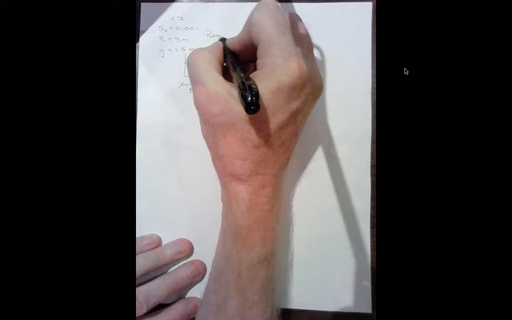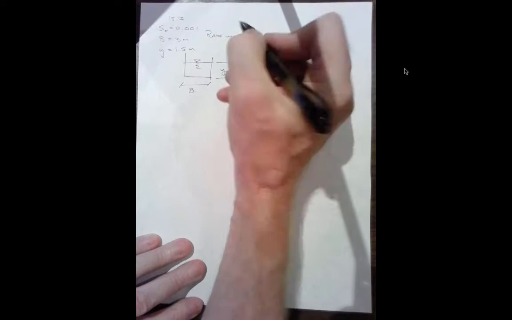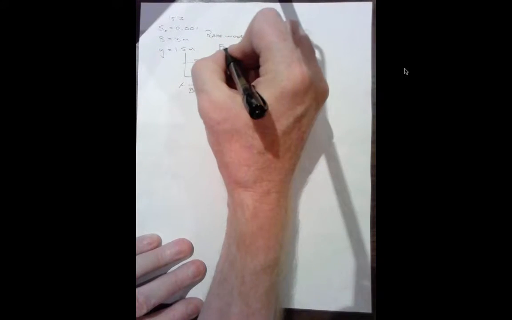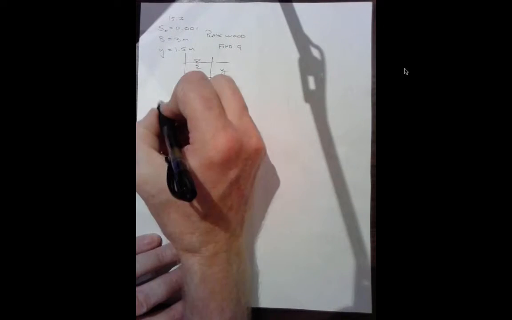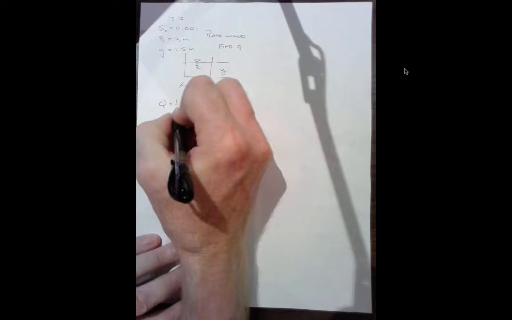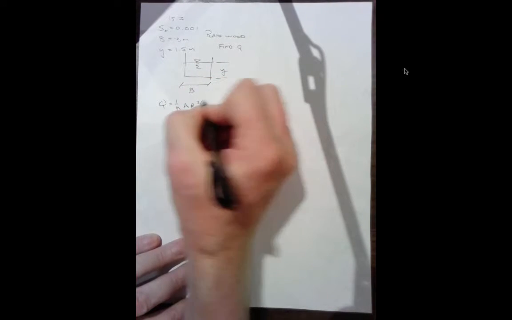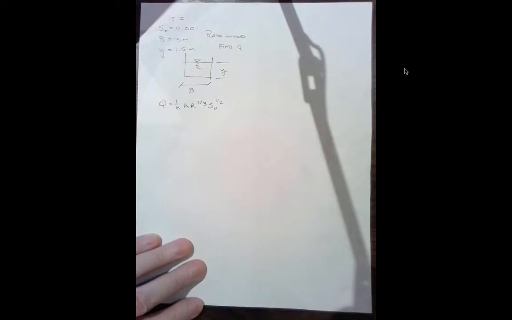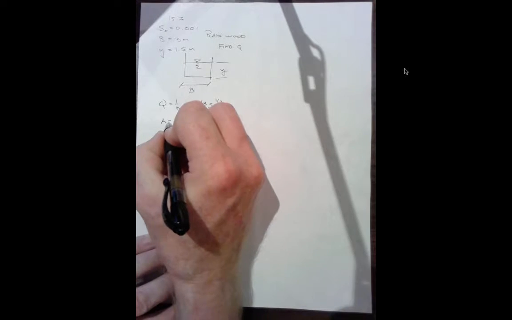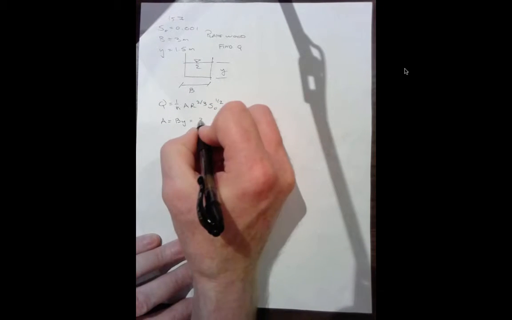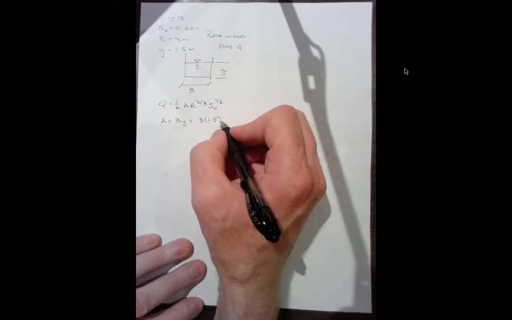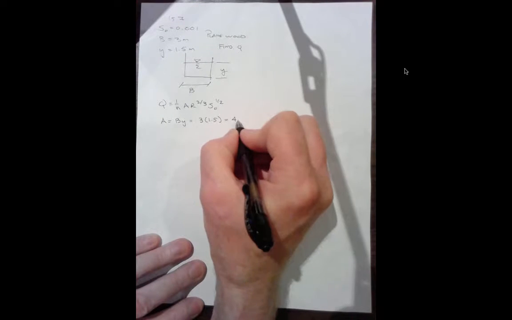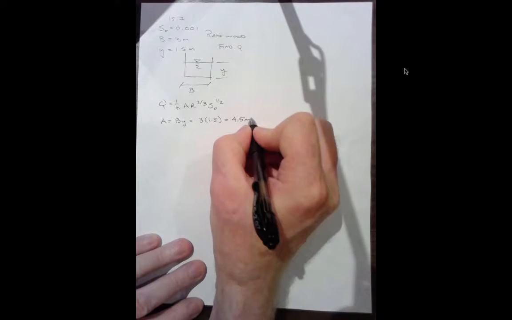Planed wood, but essentially we're going to use the same Manning's n. Find Q. By slope area method, Q is 1 over n, A, R to the 2/3, S to the 1/2 power. Area is b y, which is 3 times 1.5, which is 4.5 meters squared.